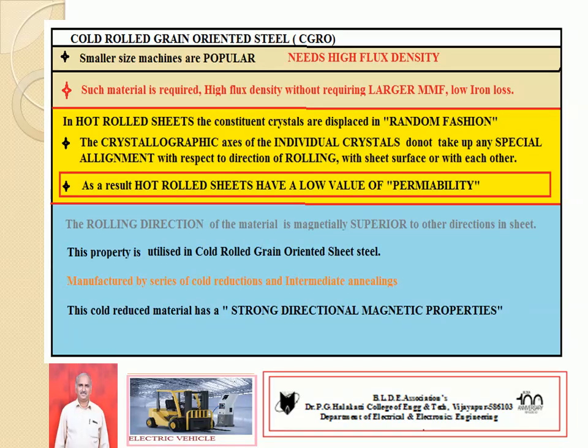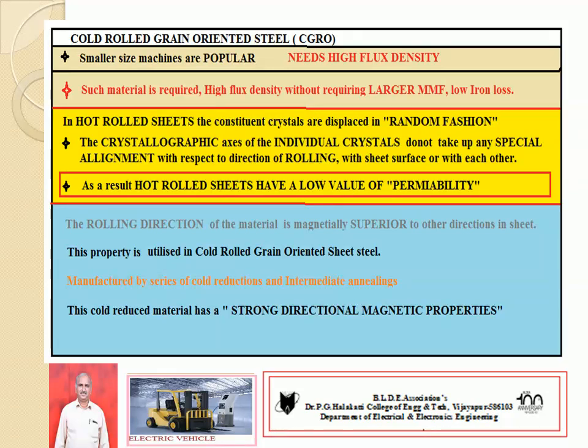Cold rolled grain oriented steel. The popularity of design now focuses towards selection of smaller size machines, because small size machines are very popular. To design smaller machines, we need higher flux density.